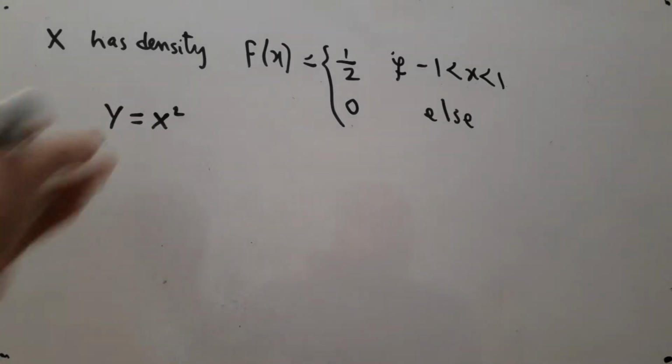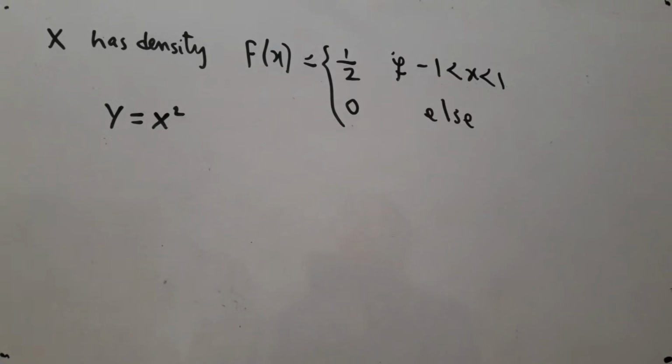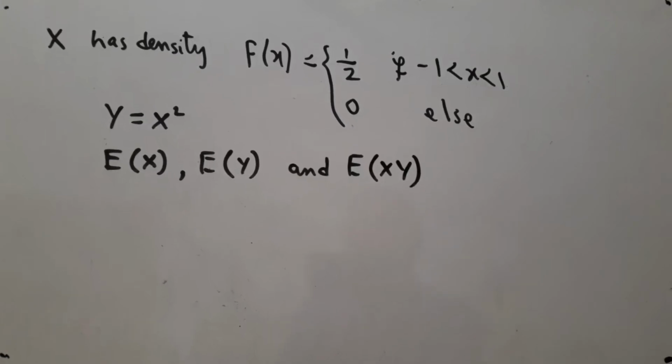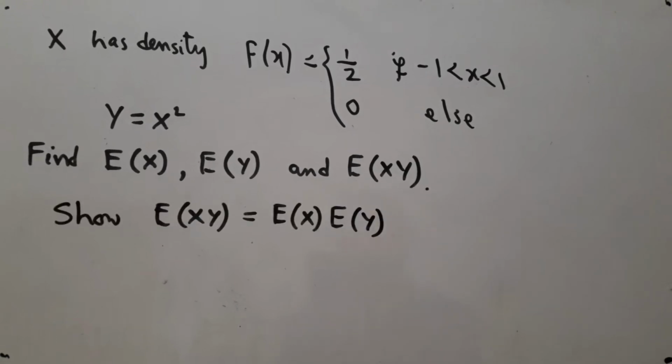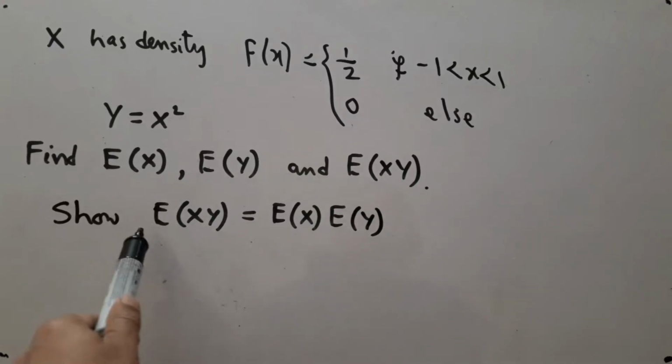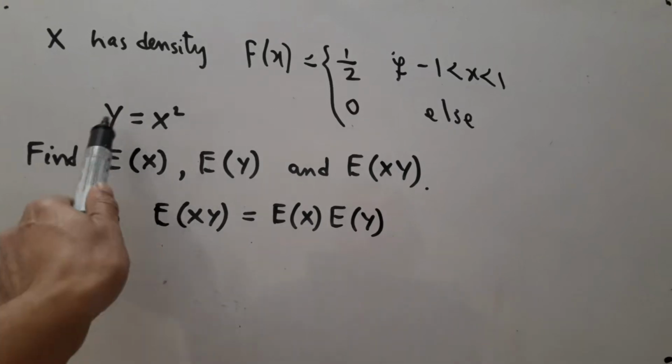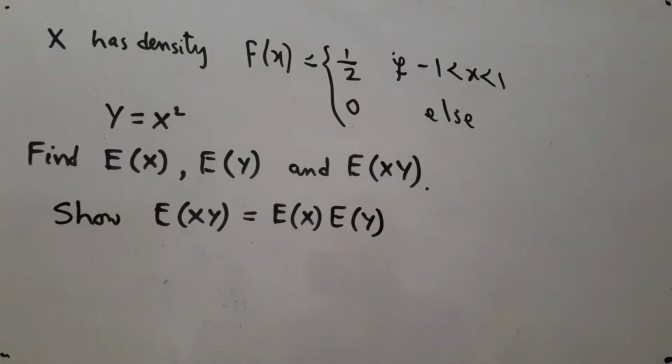Y is completely determined by X. Now the question is, you have to find expected value of X, expected value of Y, and expected value of XY. And after that, you have to show that expected value of XY equals expected value of X times expected value of Y. Thus, we find that this equality holds, yet X and Y are not independent.